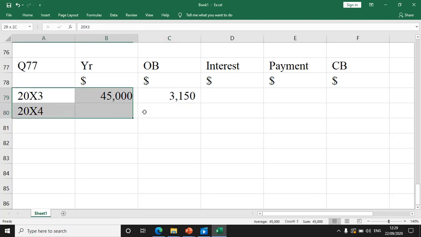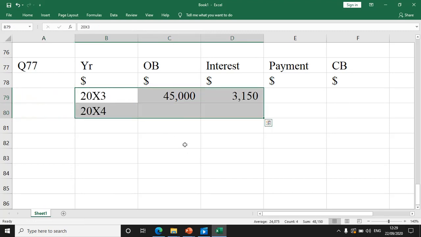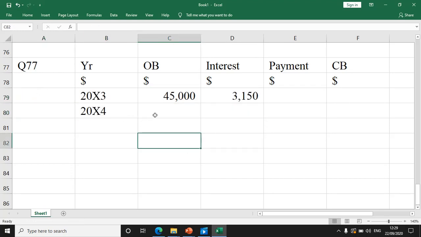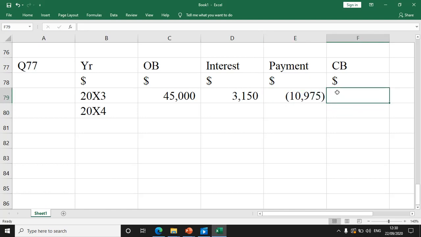So I think I need to transfer this into the correct box. Yes, okay, I think we are right now. After doing that, the payment supposed to be made, it's clear in the question, equal installments of 10,975. You have got that figure. Therefore, the outcome will be these two figures.